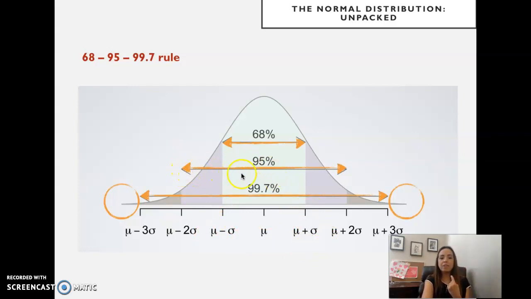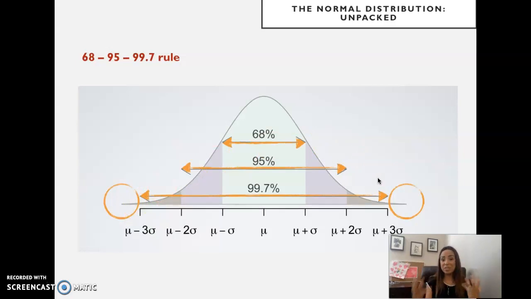About 95% of the data is expected to fall between the mean minus 2 standard deviations and the mean plus 2 standard deviations. And finally, virtually all of the data is expected to fall between the mean minus 3 standard deviations and the mean plus 3 standard deviations.